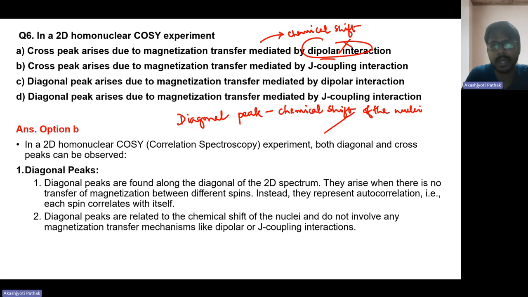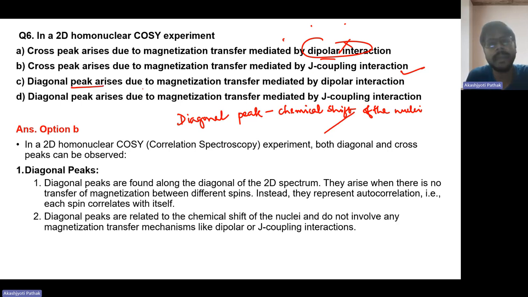Okay, so this option is correct. Cross peak is not mediated by dipolar interaction. It is rather mediated by J coupling interactions.